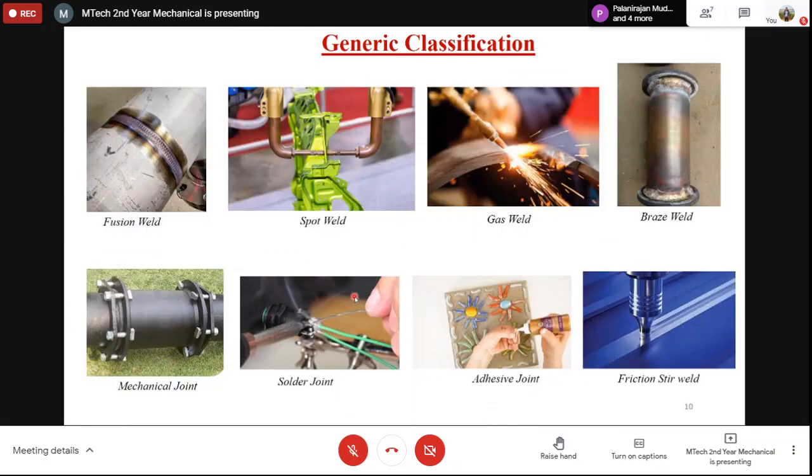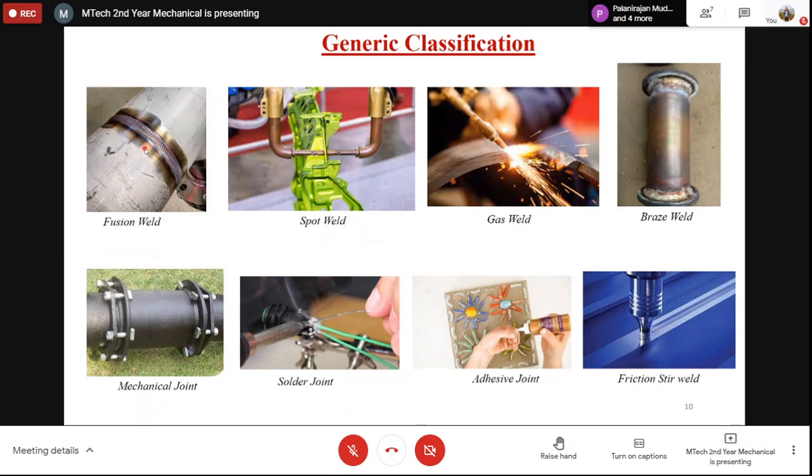You can see some of the joining processes shown here in the slide. The fusion welding is there. So this is the pipe. We have used some fusion welding, maybe stick welding or MIG welding or TIG welding, whatever type of welding you use, you will get this type of joint here.